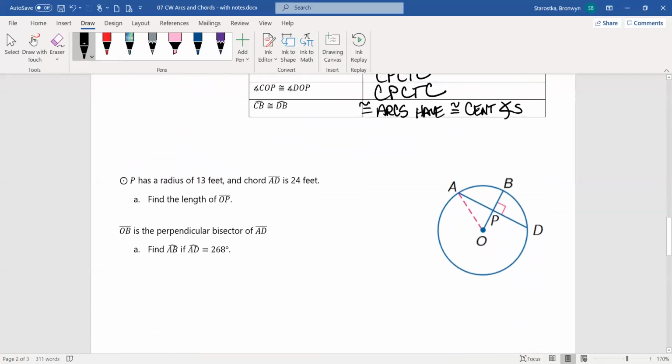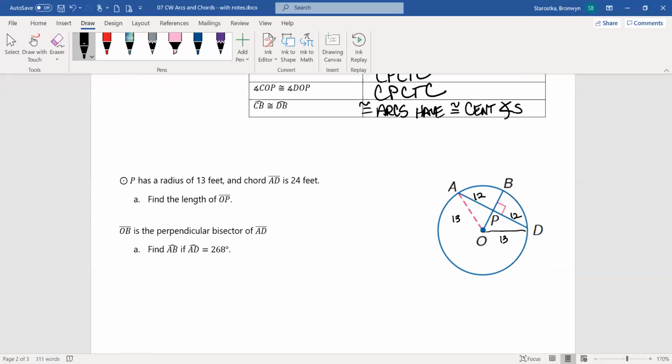So our example, P has a radius of 13 feet. 13 here, 13 here. Chord AD is 24, so we can already know that we can break that in half. So we've got 12 here and 12 here. We know we've got right angles, and if we have a right angle, we've got right triangles.